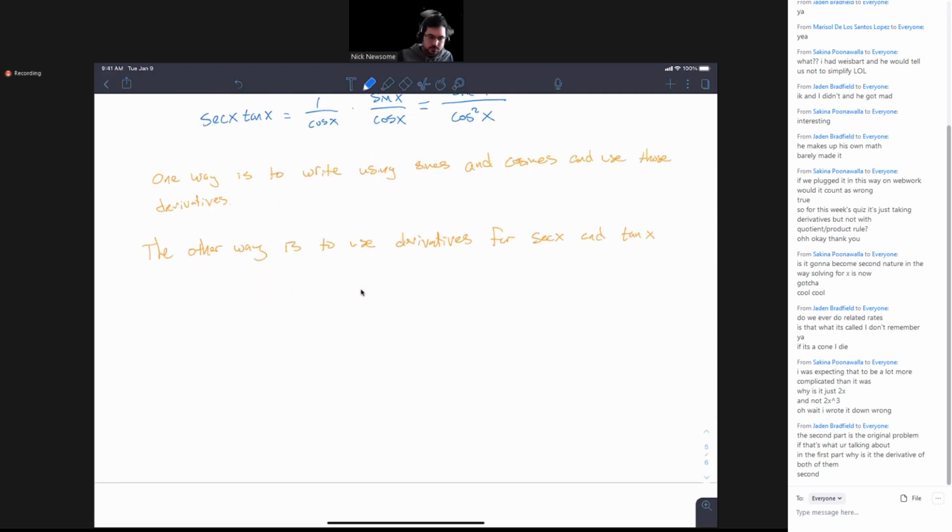So it's a product rule. All right. So I need the derivative of secant multiplied by tangent plus secant multiplied by the derivative of tangent. The derivative of secant x is, what is that?